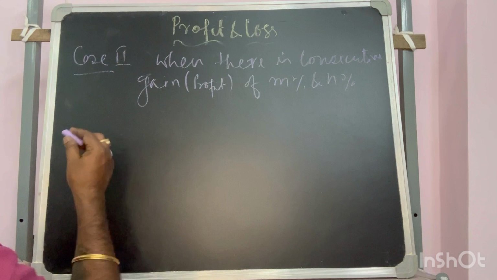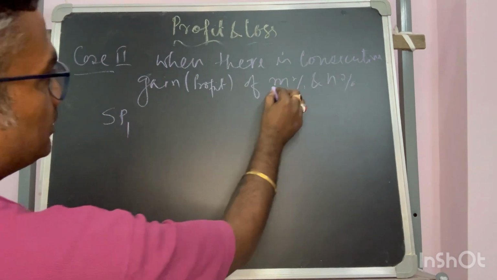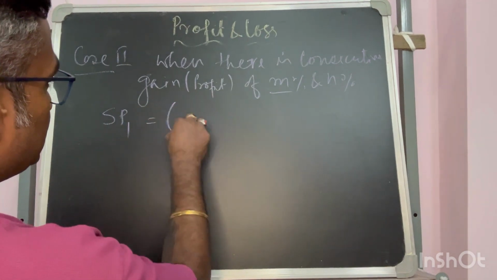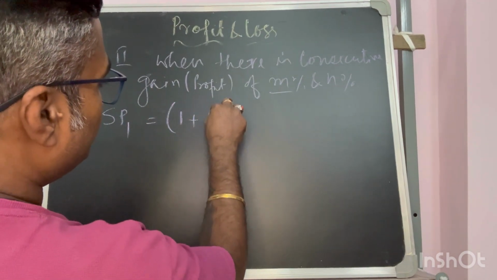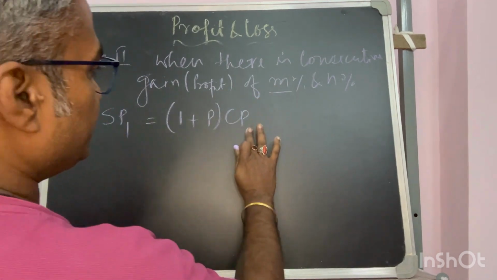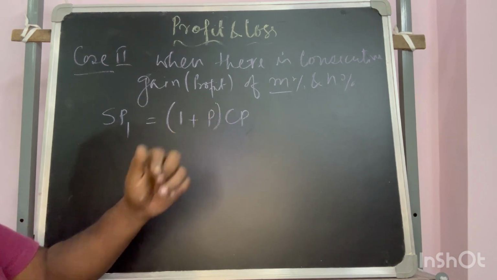Okay, so then what is the equation? The selling price for the first case, when I consider the profit, as per the equation we know, is 1 plus profit into the CP. I am taking the CP only, as your cost price is always fixed.